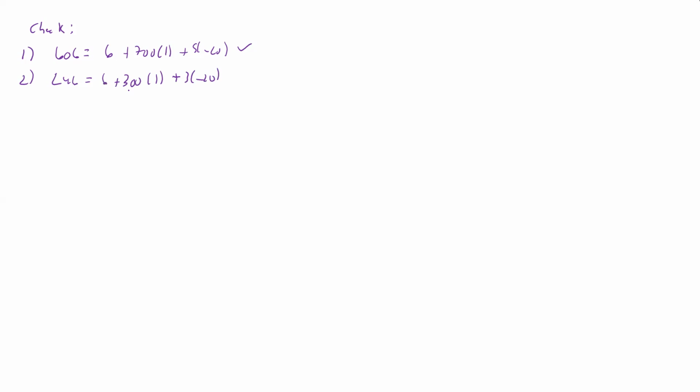So that's 300 minus 60, which is 240 plus 6 is 246. So that works. And here we had 686 equals 6 plus 800 times 1 plus 6 times negative 20. So it's a minus 120. That's going to be 680 plus 6, so that's 686. So that works.